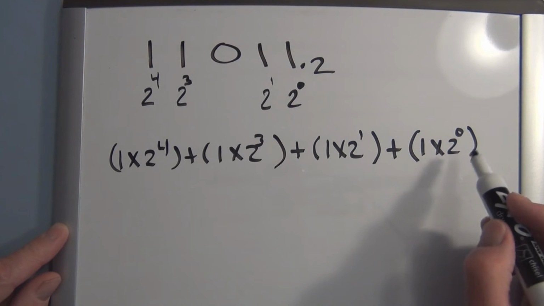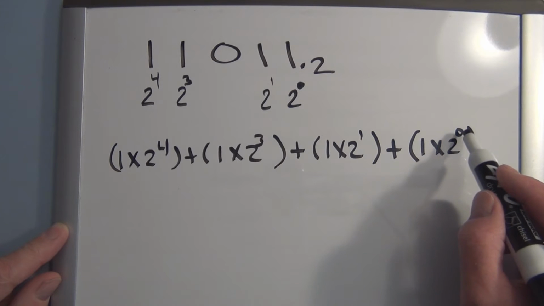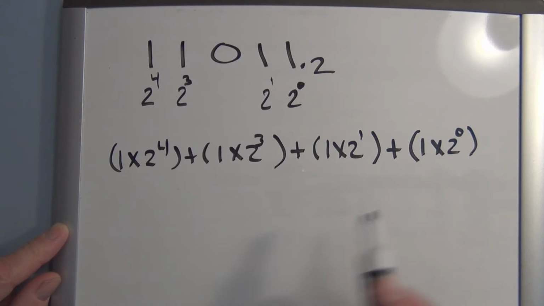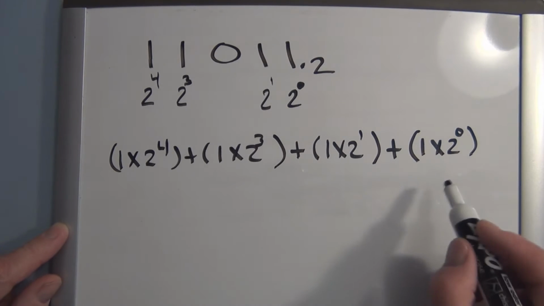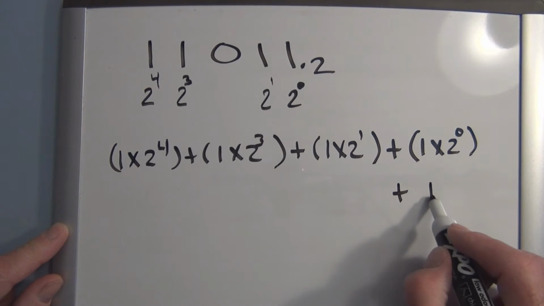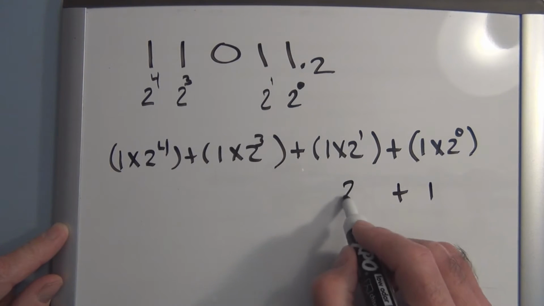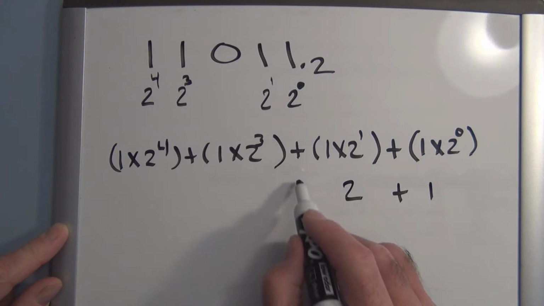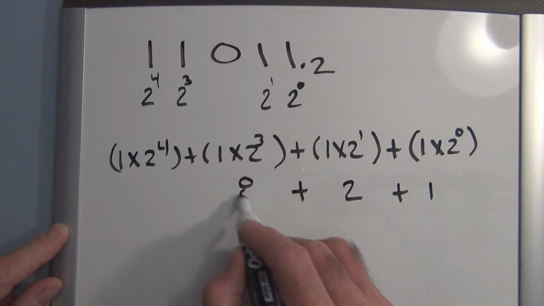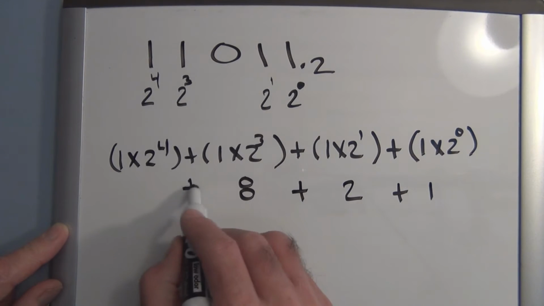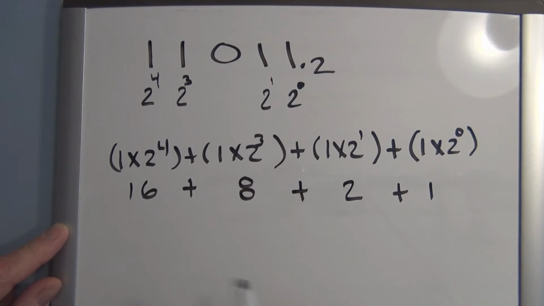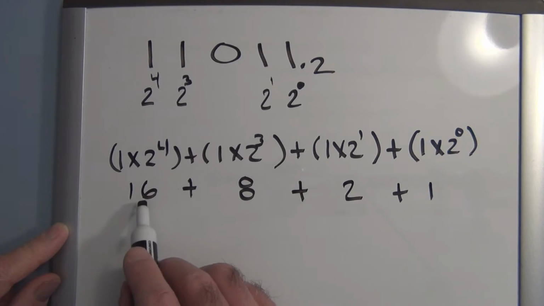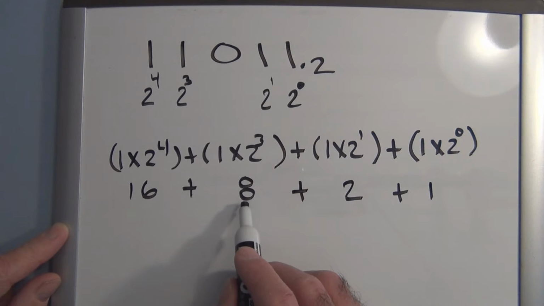Now any base to the power of 0 is 1. So this here is a 1. This here is 2. This here is 8. And this here we add 16. So we have 16 and 8, 24.